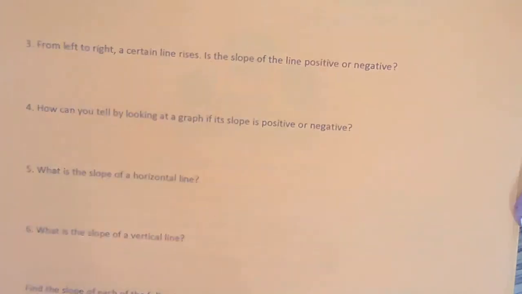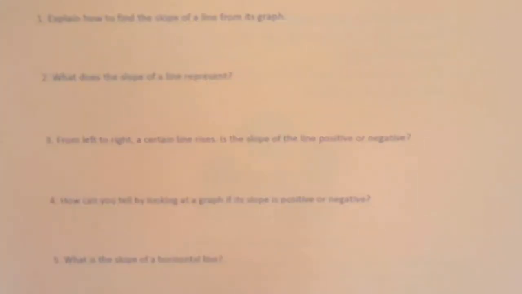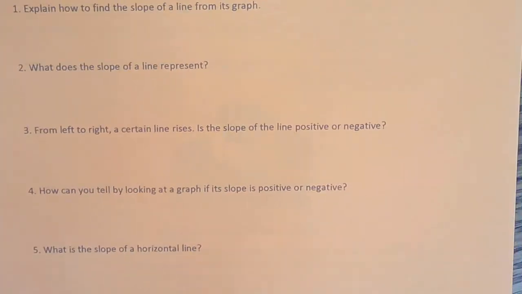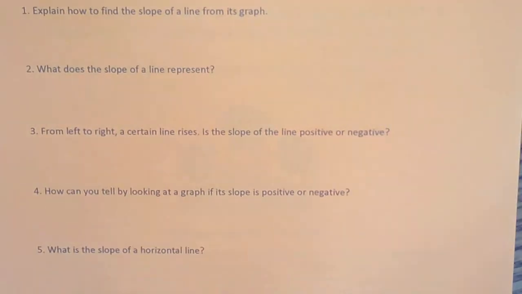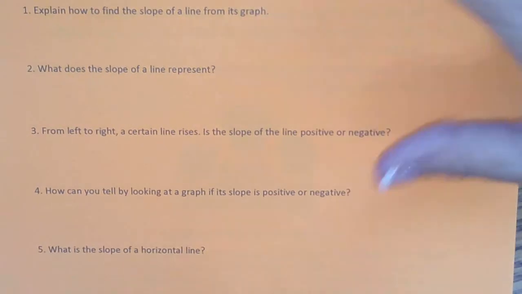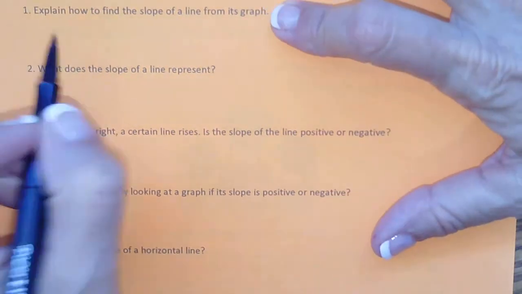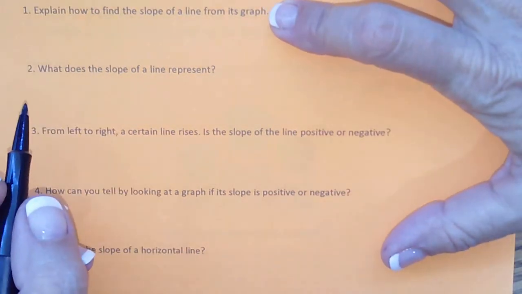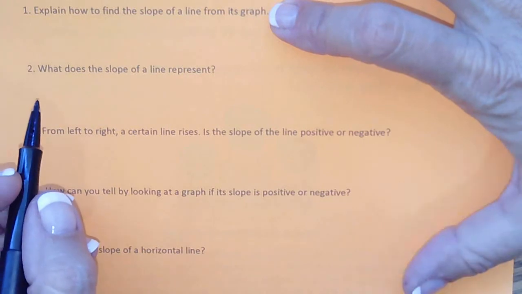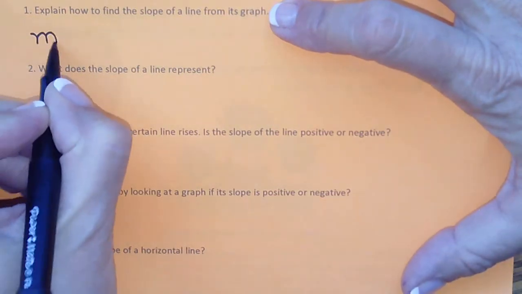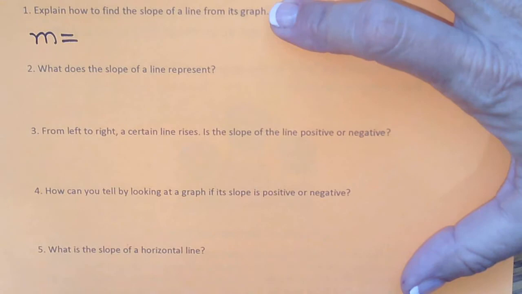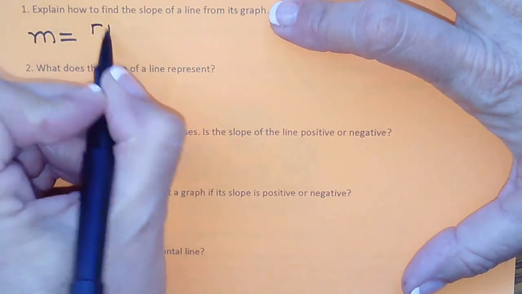Okay, let's take a look at page 7. We're almost done here. I think we should be able to get this in one more video after this. So explain how to find the slope of a line from its graph. So when we're given a graph, do you guys remember how to do it? Slope is rise over run.